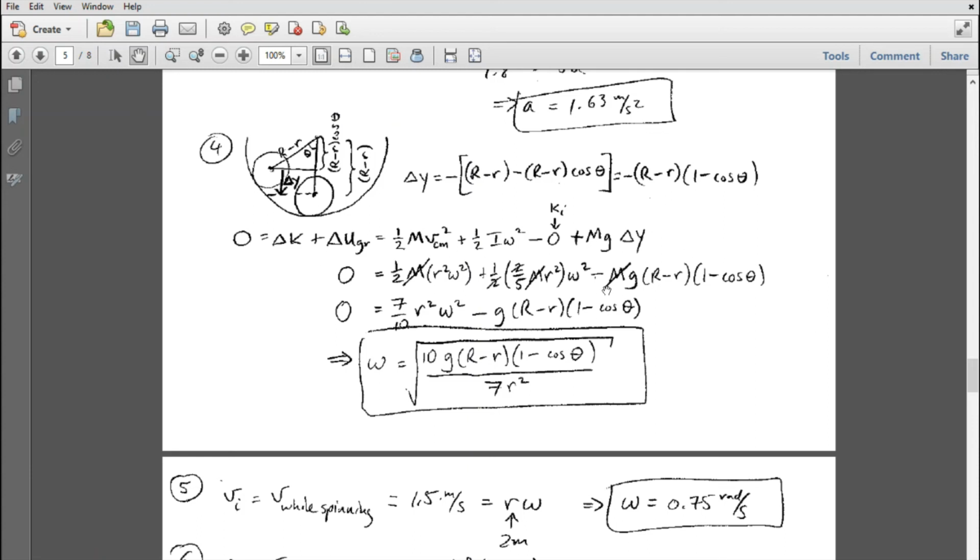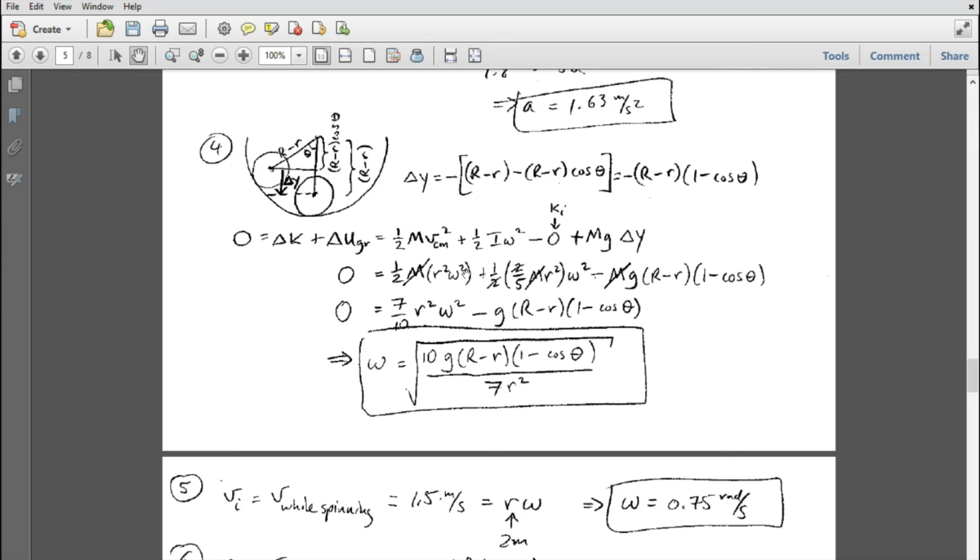Putting all that mess in here, including the moment of inertia about the center of mass for a solid sphere, which is 2/5 m r squared, we do get kind of a mess. I'm also substituting in for V center of mass in the final state, which is equal to R times omega. That's the relationship between the center of mass speed and the angular velocity about the center.